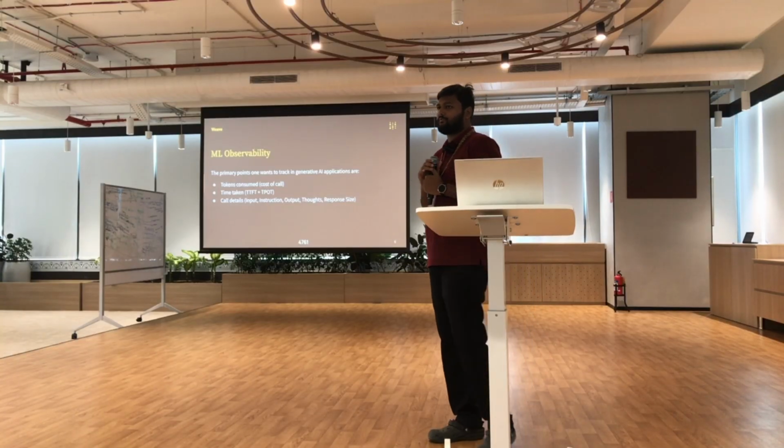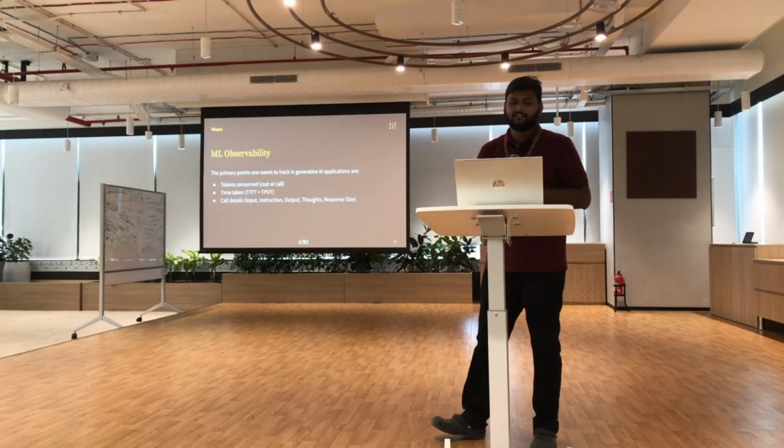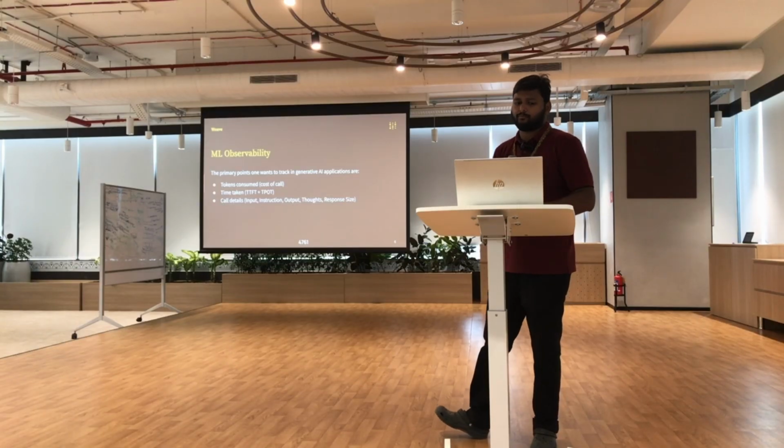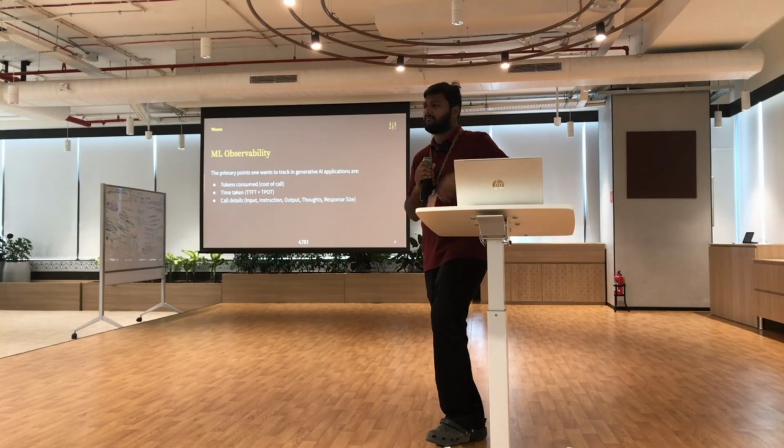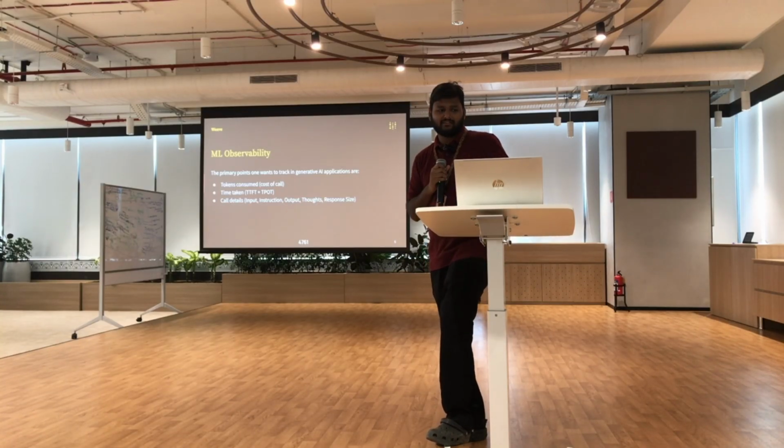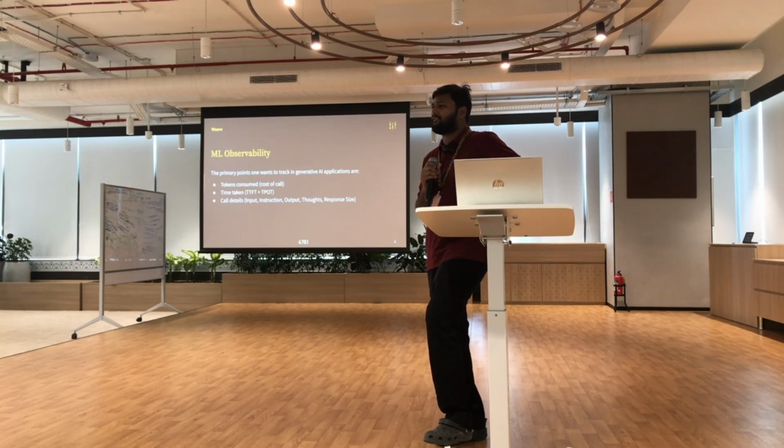Obviously, there are a few metrics which we always want to trace, things like how many tokens you are consuming and time taken. The first two are things you want to monitor 24/7 for every interaction. But things like input, output, instructions, and thoughts are more useful to trace when you have to firefight.